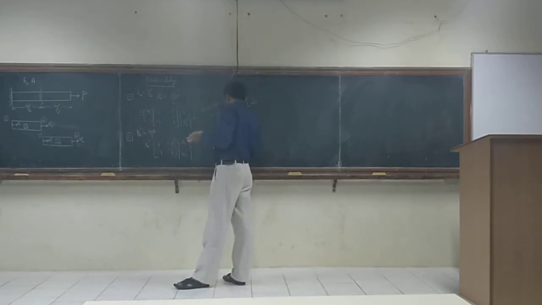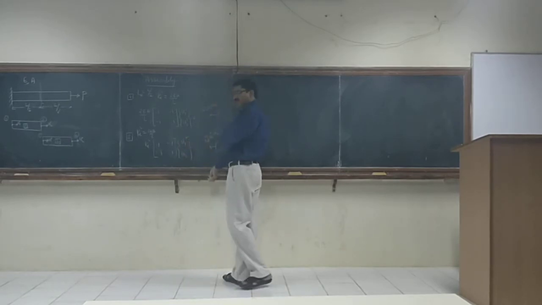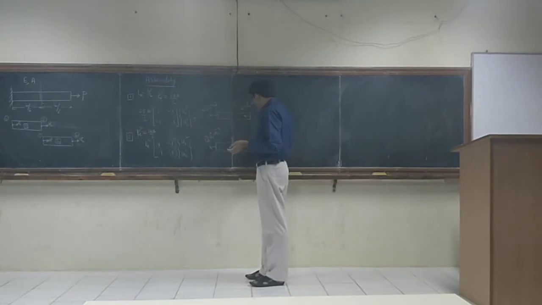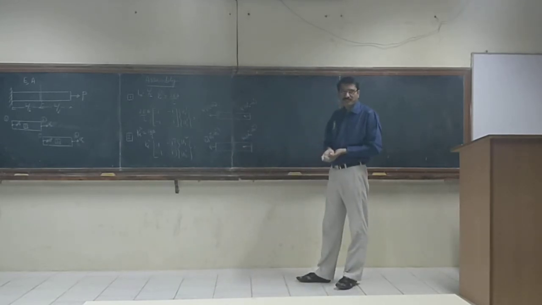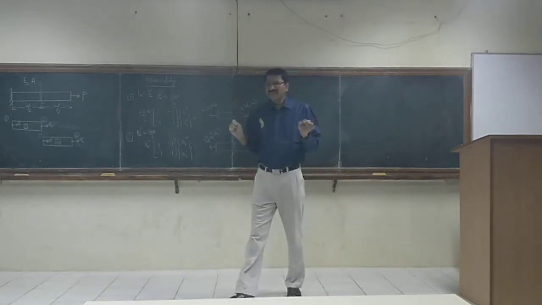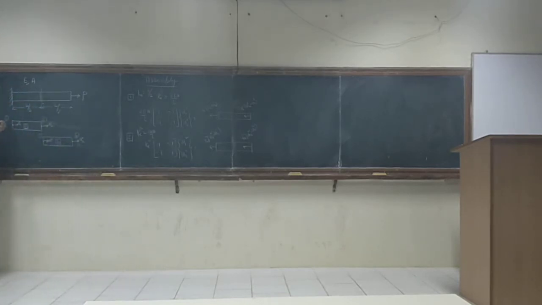If you represent this in a symbolic manner, we say KE of 2 times U1 of 2 minus U2 of 2, and here we get KE of 2 times U2 of 2 minus U1 of 2.